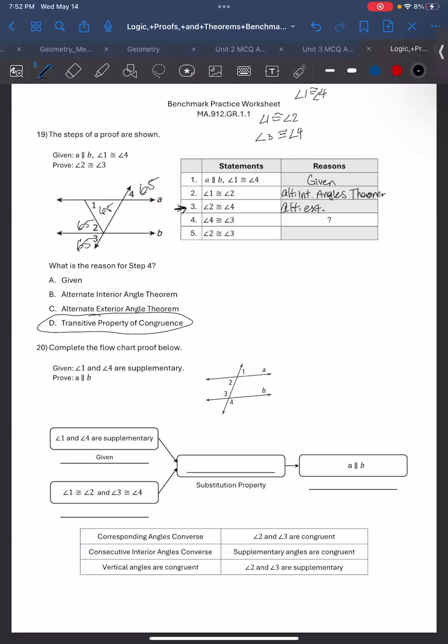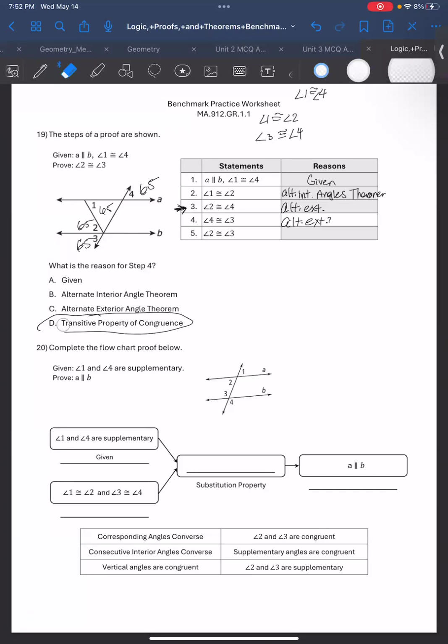because they are, wait, why is this even here? I don't understand why step 3 is here, honestly. Just get that out of there. But 4 and 3, definitely giving alternate exterior there, right? Yeah, 4 and 3 are alternate exteriors.